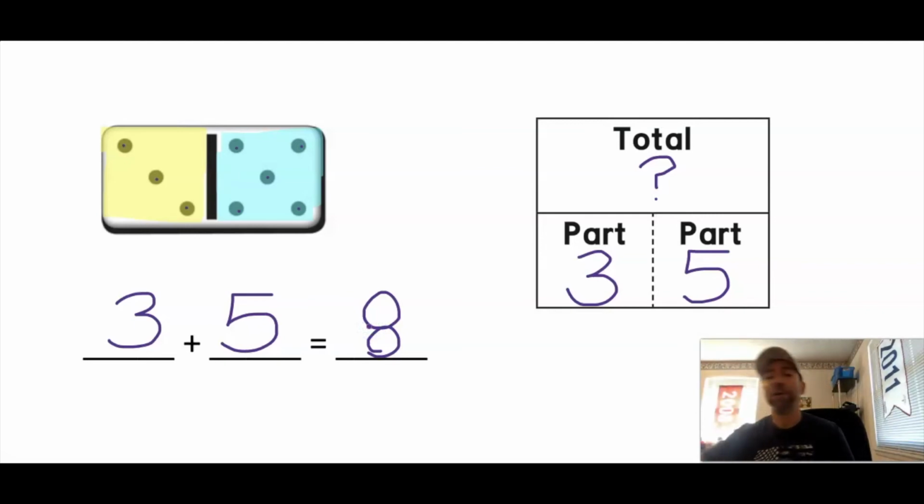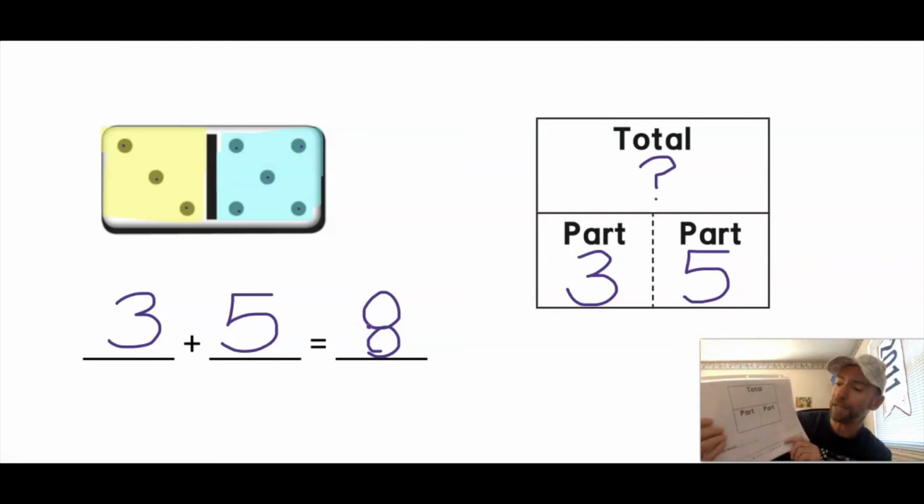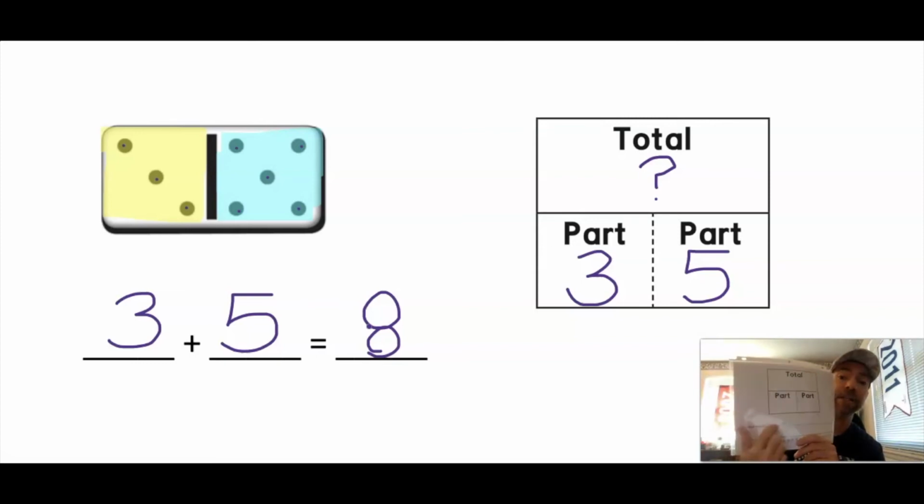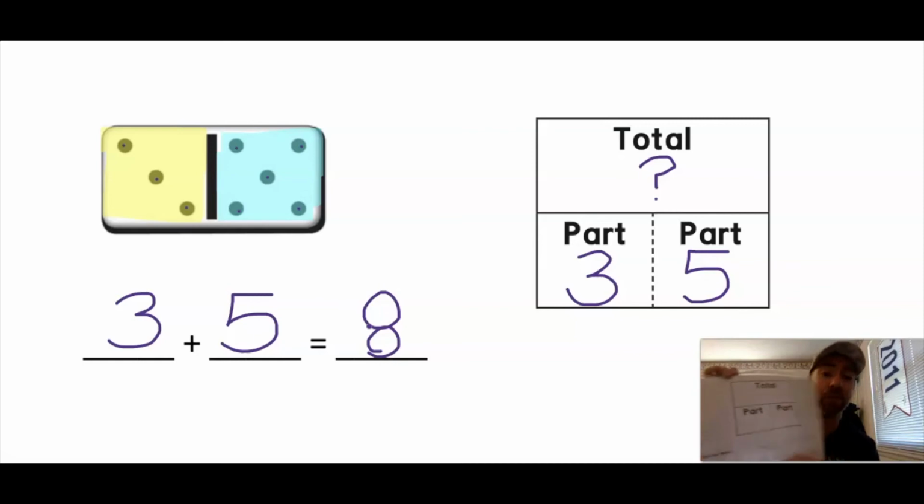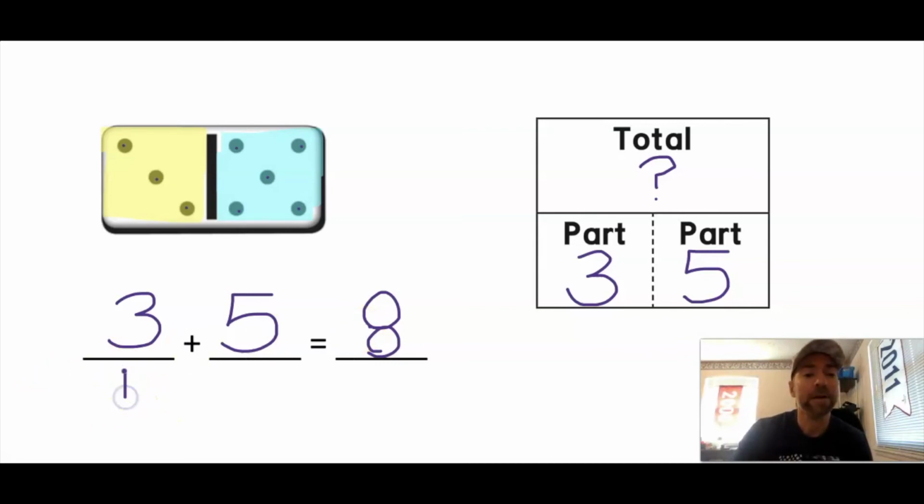You're going to notice on your part total sheet protector that you have a line to write the number model. So go ahead and write 3 plus 5 equals 8. We had our first part plus our second part, and that equals the total. Awesome job.